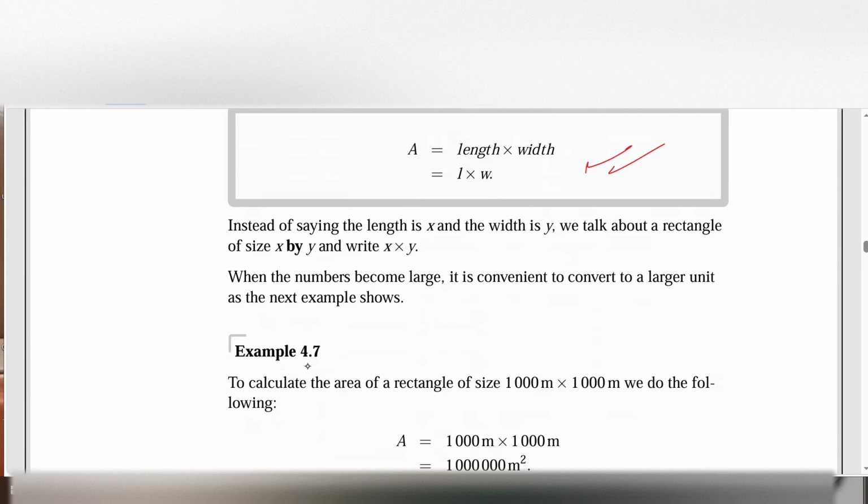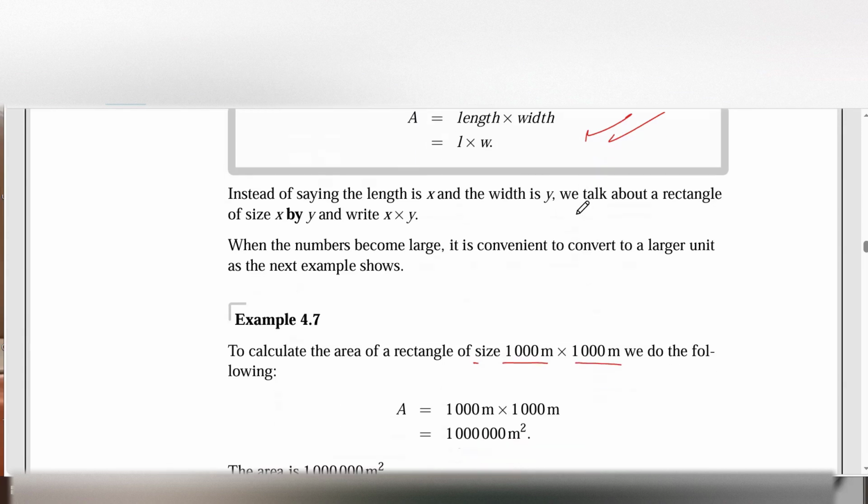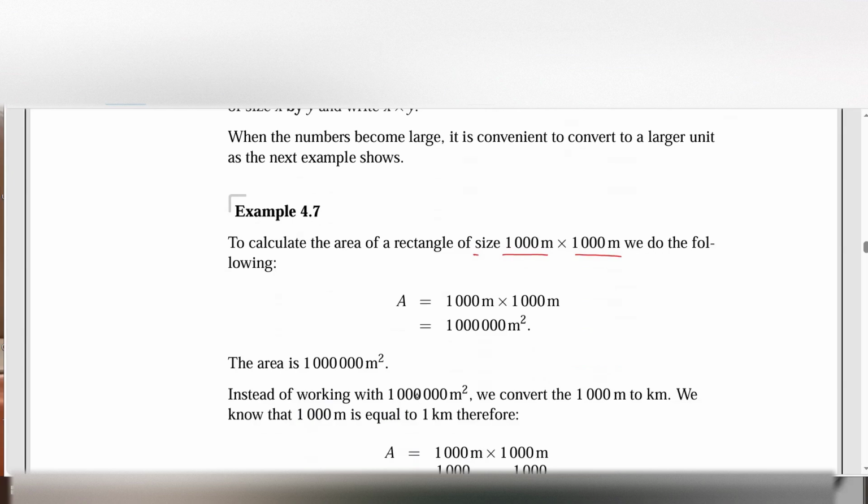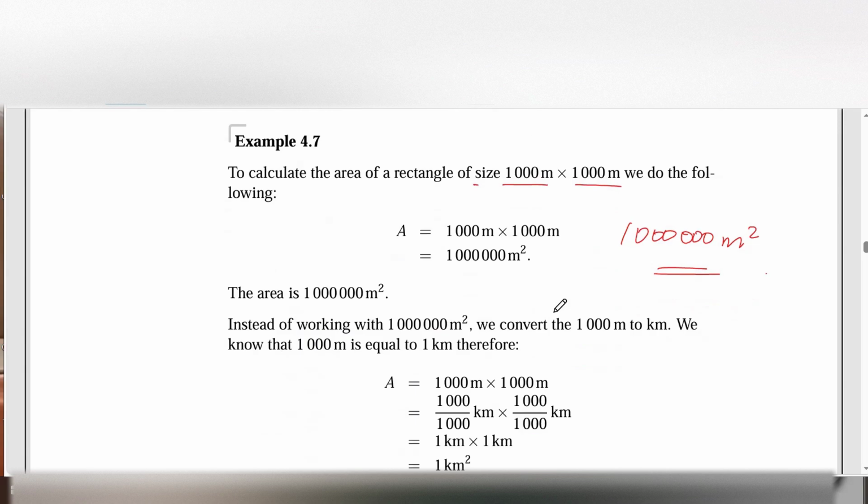Then 4.7, to calculate the area of a rectangle with the size 1,000 meters and 1,000 meters, we just have to do the multiplication with the formula. So 1,000 times 1,000, that's gonna be like 1 million, at 1 million meters squared. So instead of working with 1 million meters squared, we convert this to kilometers, meaning that it is like 1 kilometer times another kilometer, which becomes 1 kilometer squared.